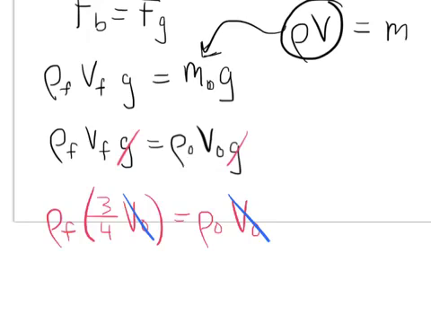Which is exactly that relationship from earlier where we had VF equals 3/4 VO. So what we can say is this. If the bar of soap was submerged halfway, it would have 1/2 the density. You see the relationship there?